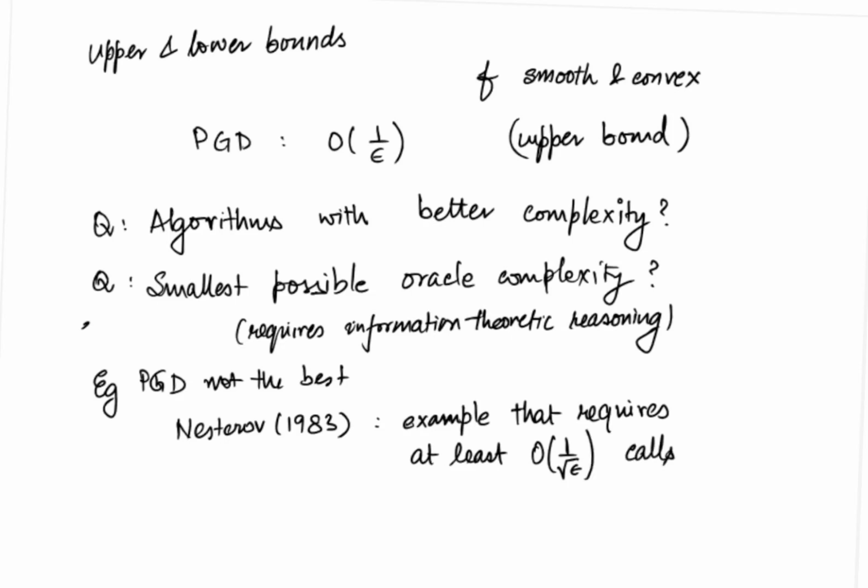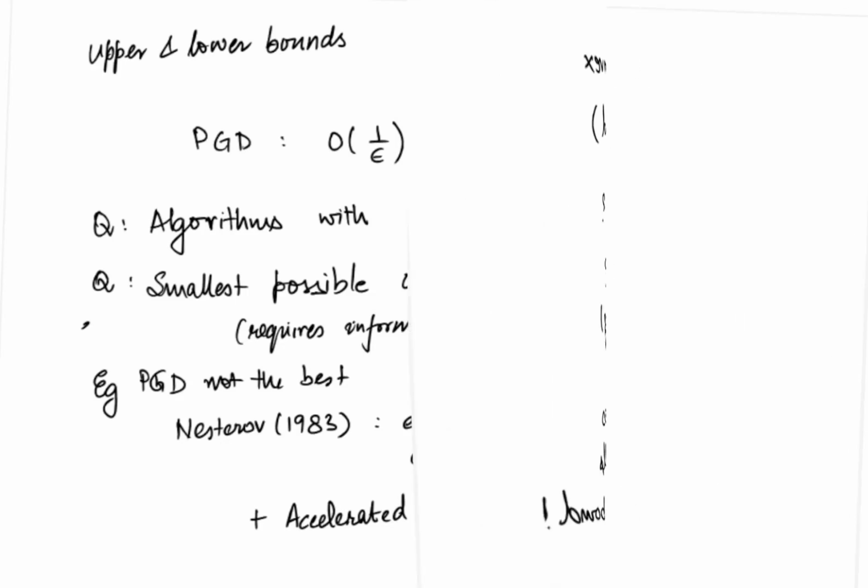This implied that gradient descent is not the best algorithm. That example essentially showed that 1 over square root epsilon is the lower bound on the performance of any first order algorithm. Interestingly, he also proposed the accelerated gradient descent algorithm, which was able to achieve this oracle complexity of 1 over square root epsilon.